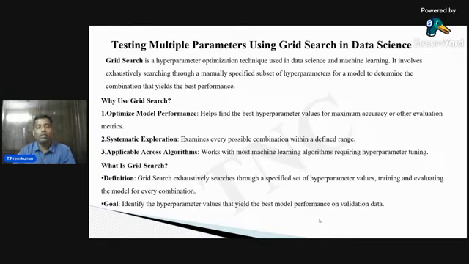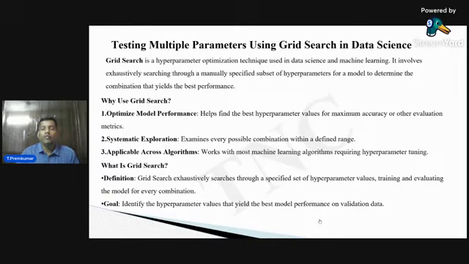Why do we use grid search? There are three things we can see: optimization, model performance, systematic exploration, and applicability across algorithms.